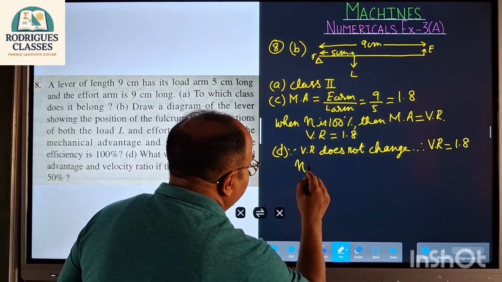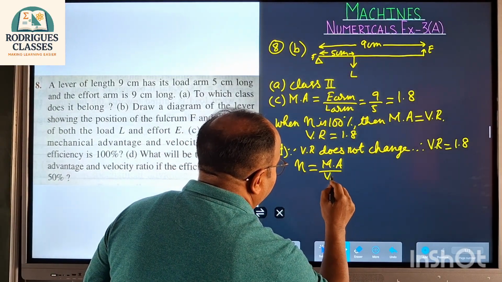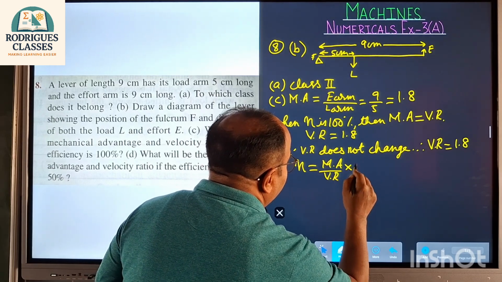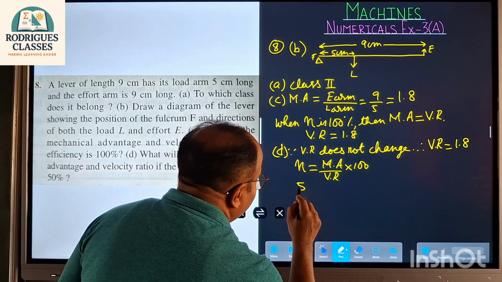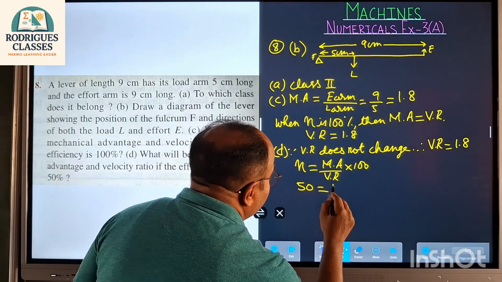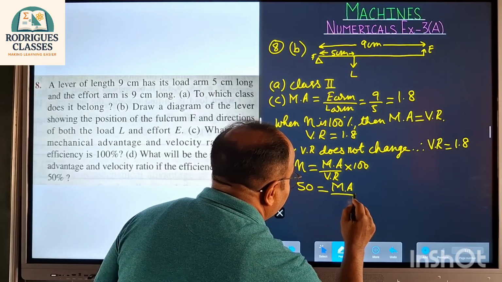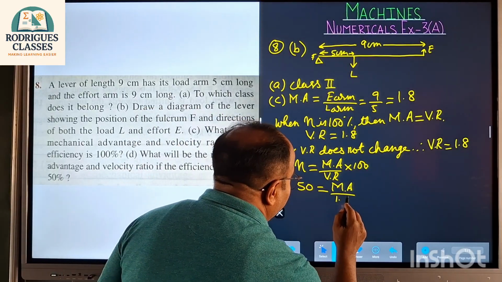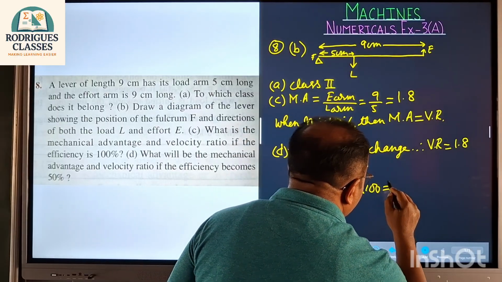So let me write efficiency formula. Mechanical advantage by velocity ratio into 100. So efficiency is given to us 50%. So 50 is equals to mechanical advantage we have to find. Velocity ratio will remain as 1.8 into 100.